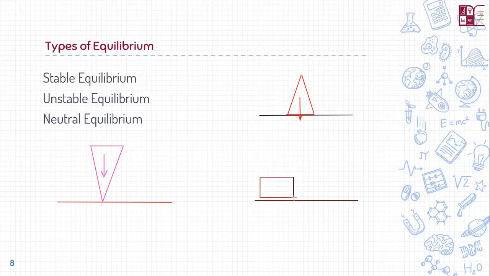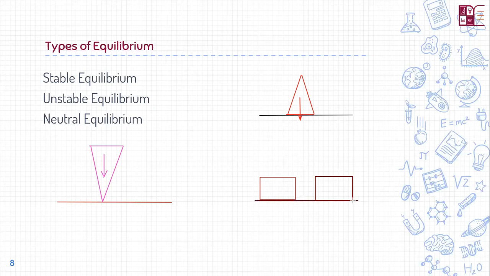So let's say you've got a box here. When you topple it, let's say you give two topples, two rotations, and the box is right there again. The center of gravity does not change. It's not moving up and down as compared to the other cones.